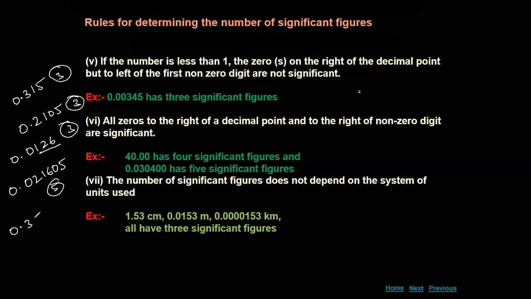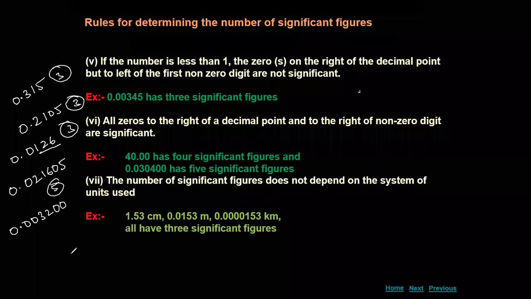Last one more example. 0.003200. How many significant figures? 4. Right. So these 4 are the significant figures. These 2 zeros are non-significant because the overall value is less than 1.